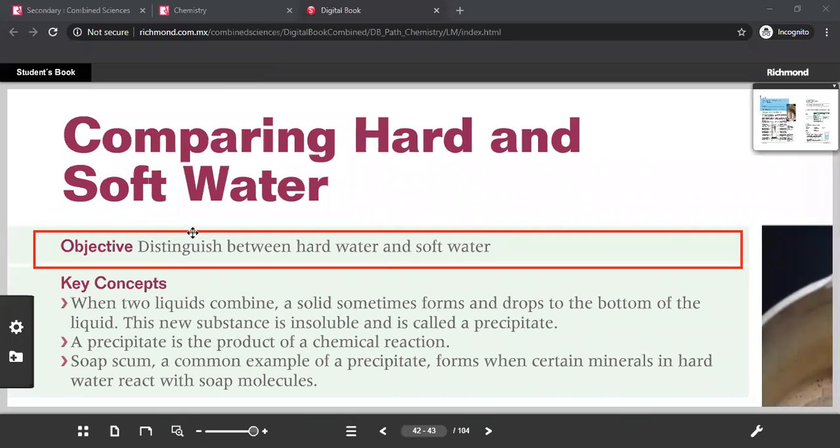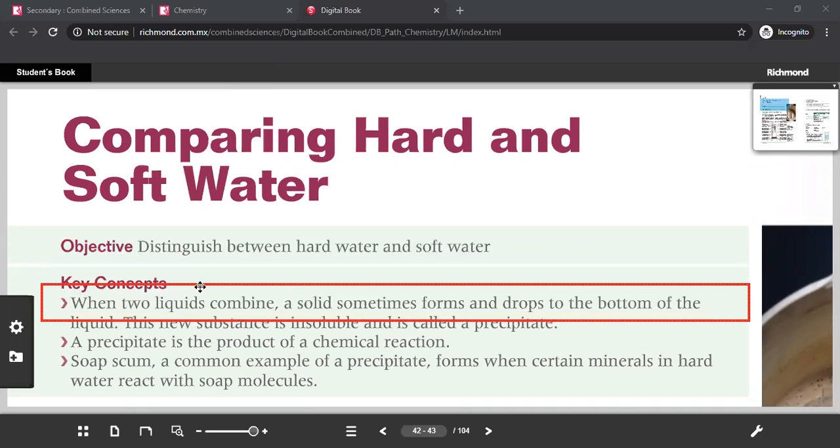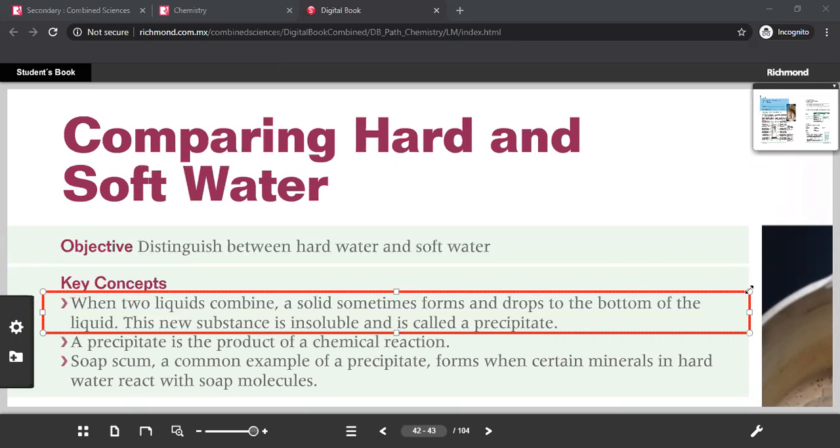Okay, going down to the key concepts, we have that there are 3 of them, right? Okay, so the first key concept is that when 2 liquids combine, a solid sometimes forms and drops to the bottom of the liquid. Sometimes we have seen that in our videos.